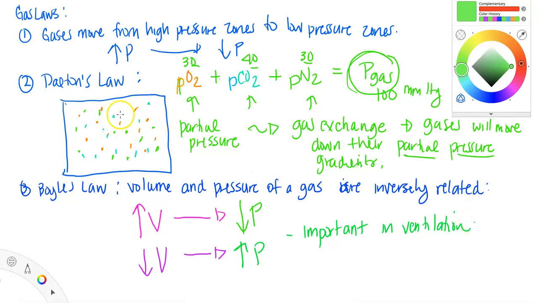So if you're looking at this box here with this gas in it, remember that these particles are not staying still. They're moving around and they're knocking on the side of this box. So whatever this volume is, the larger the area, the less that these particles are going to hit the sides.